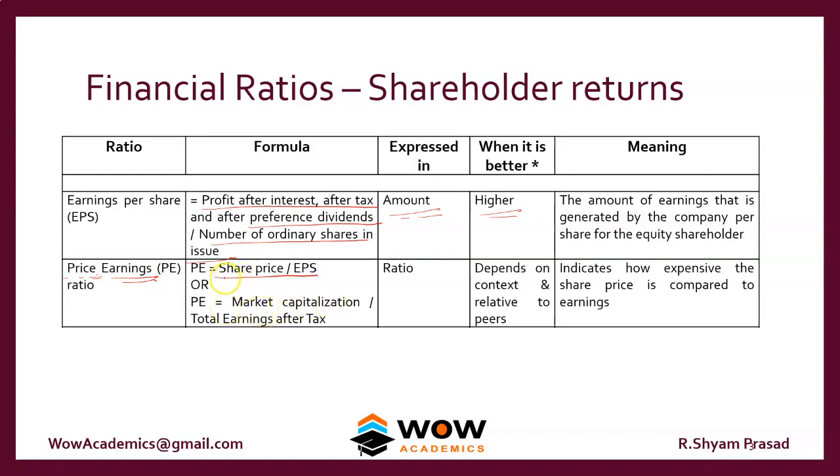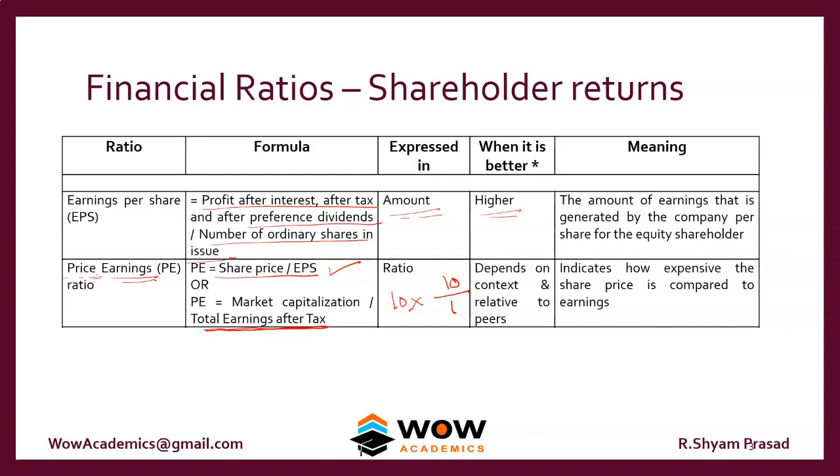For example, share price per share divided by earnings per share, that is EPS, or the market capitalization of a company divided by the total earnings of the company after tax. This is usually represented as a ratio. For example, if the PE is 10, we can tell it as 10x or 10 times. Or if you say 10, it is like for every 1 rupee of earnings, the price is 10 times higher.